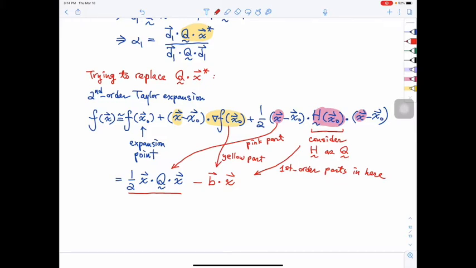Okay? And how about the rest? You can see this is like a constant. This is a constant. And also we have some other constant terms. These two multiply together, they are constant terms.